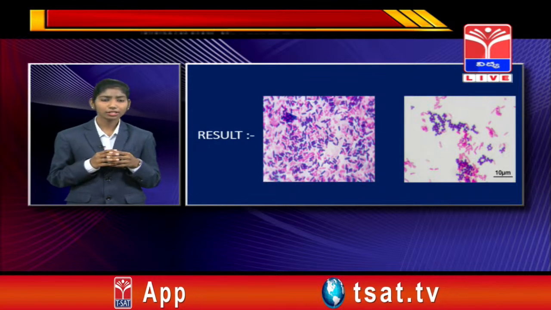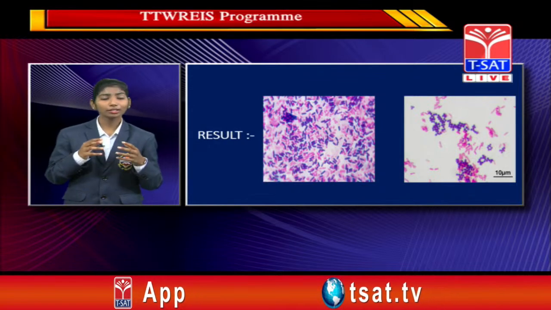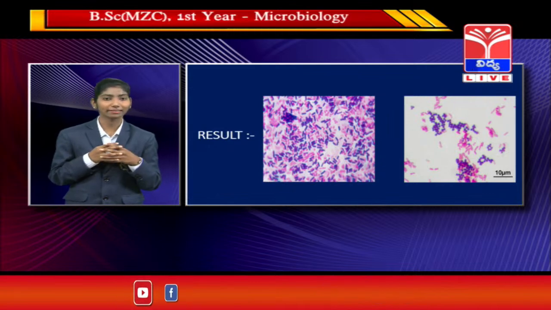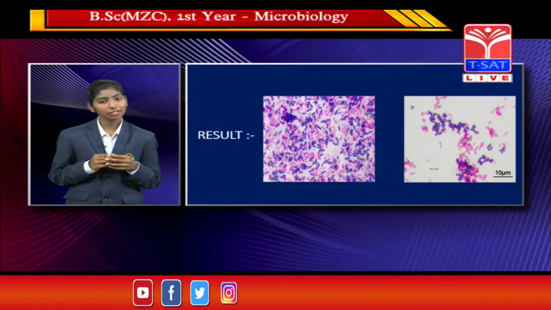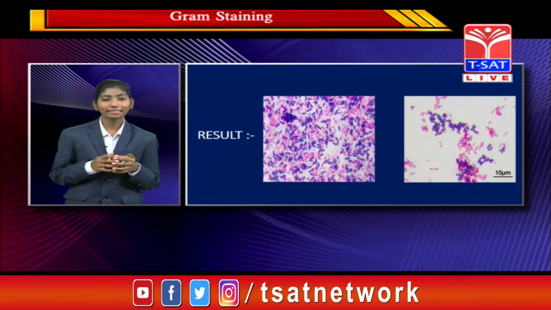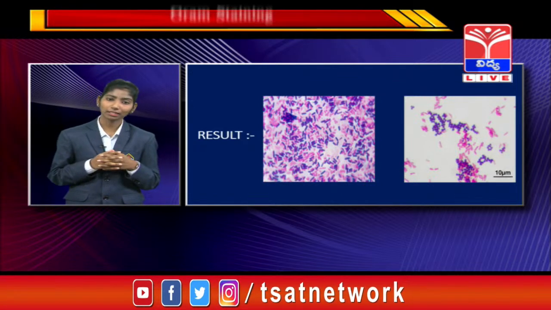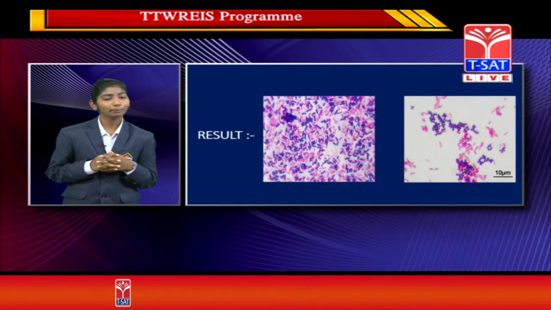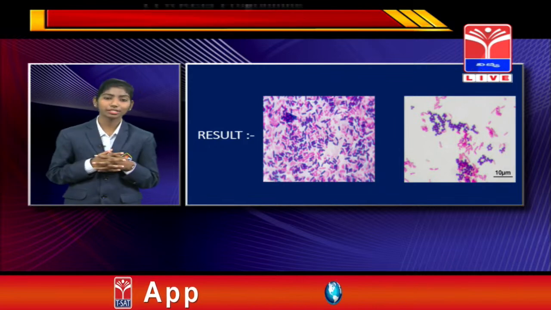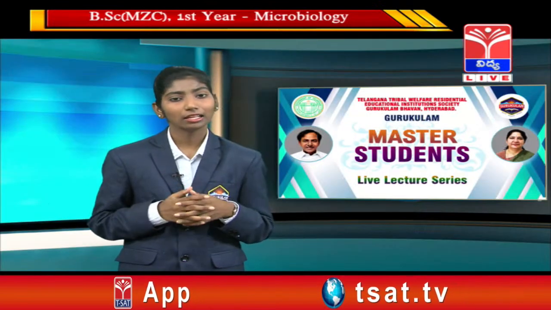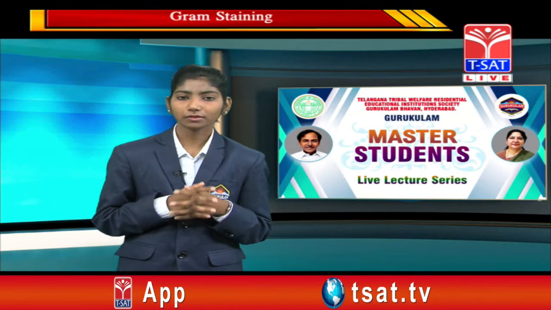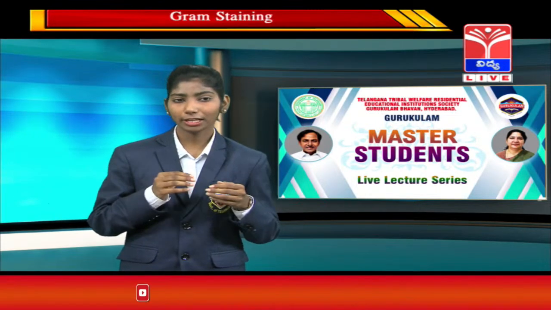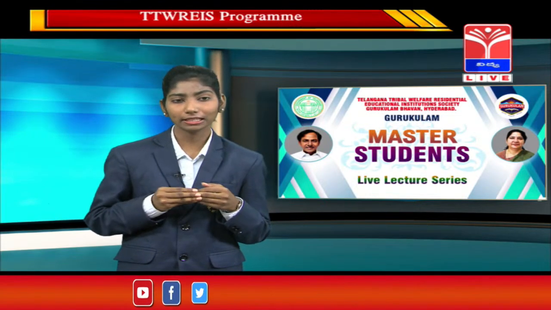Shrinkage of pores appears on the surface of the peptidoglycan layer. By this shrinkage of pores, the bacteria remain purple in color. So this is the reason why gram-positive bacteria are purple in color.